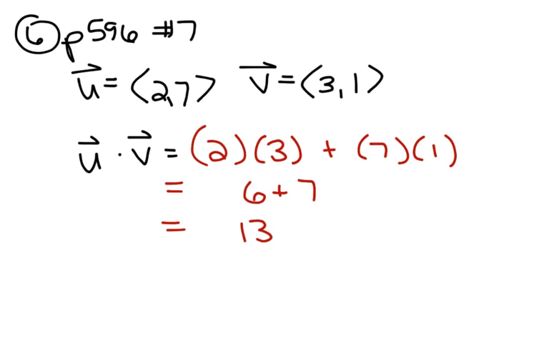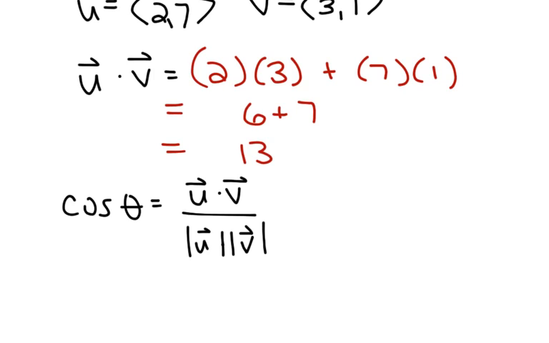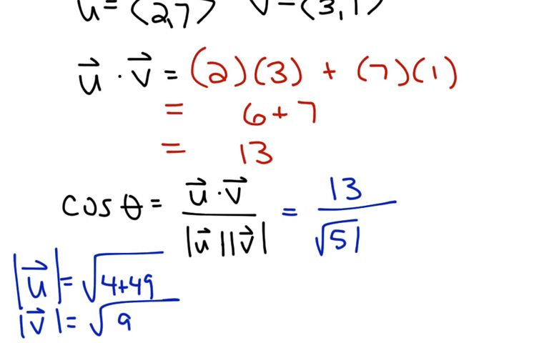To find the angle between the two, this is a formula that I will need to give you for the test. It's the dot product divided by the product of their magnitudes. So we already found the dot product. It was 13. The magnitude of u is the square root of 4 plus 49. So that's the square root of 53. And the magnitude of v is going to be the square root of 9 plus 1.